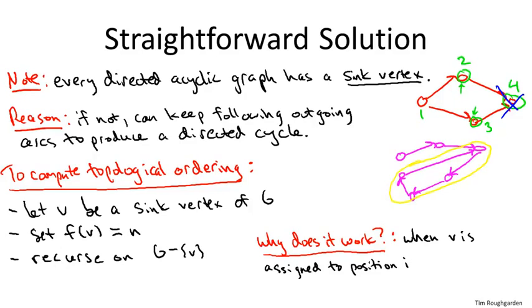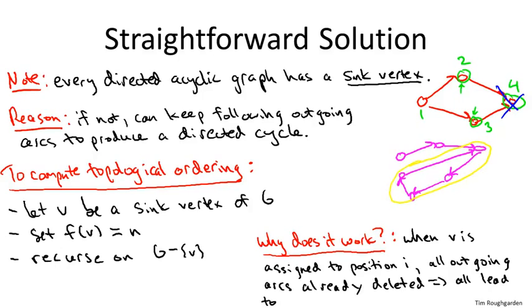So if V is a sink vertex when only the first I vertices remain, what property does it have in the original graph? Well, it means all of the outgoing arcs that it has have to go to vertices that were already deleted and assigned higher positions. So for every vertex, by the time it actually gets assigned a position, it's a sink, and it only has incoming arcs from the as yet unassigned vertices. Its outgoing arcs all go forward to vertices that were already assigned higher positions and got deleted previously from the graph.